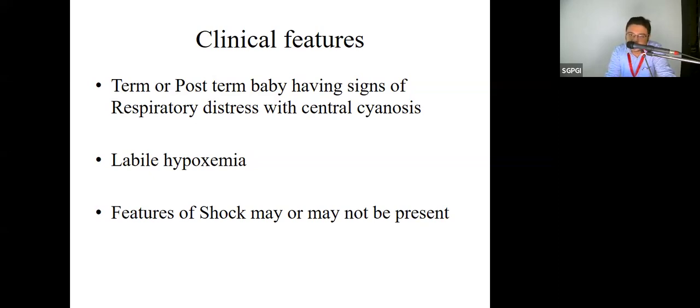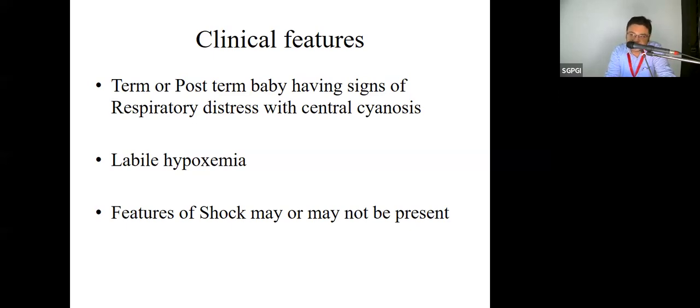The pulmonary artery blood vessels respond whenever there is a hypoxemic event. So the vessel constricts and the baby will have labile saturations. In this, there is usually a preductal and postductal difference of around 5 to 10%.